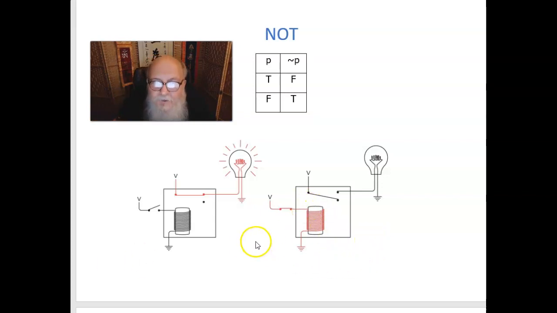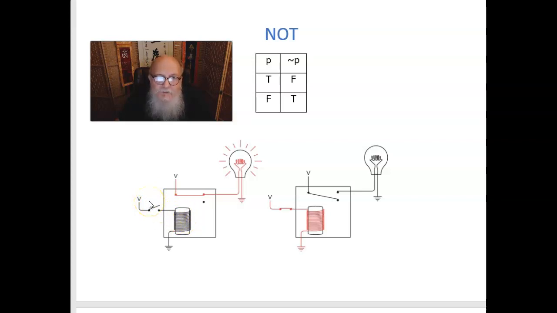And here's how you do it with wires and batteries, right? The other logic gate that's in your computer. Here what we have is an electromagnet. When the current runs through the electromagnet, it makes it into a magnet. So right now, there's no power going to the electromagnet.